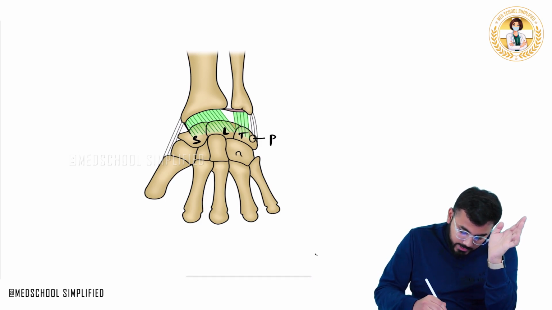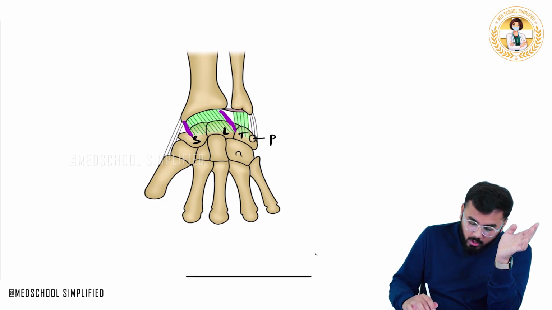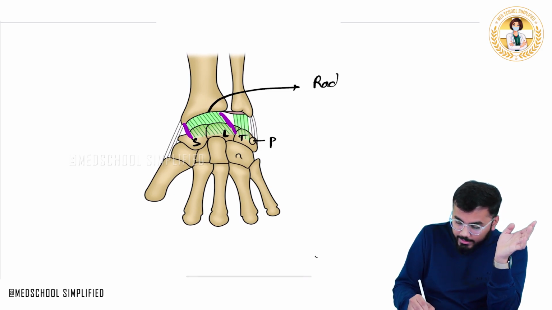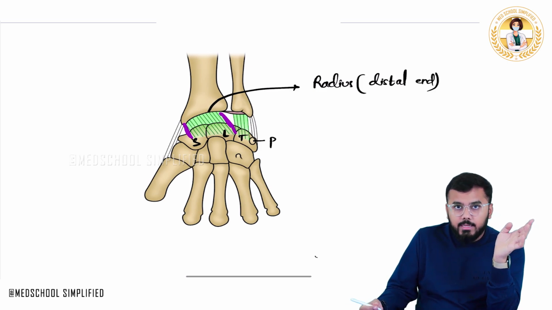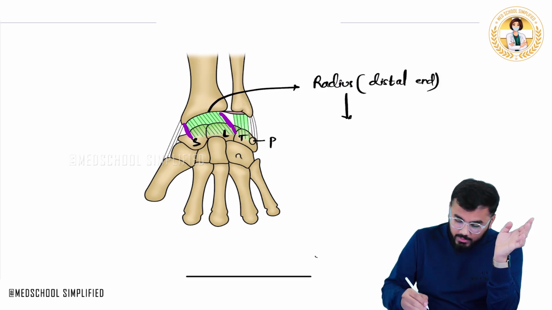If you can very clearly look at this ligament over here, it is attached from the distal end of the radius and all the way down to scaphoid as well as lunate.